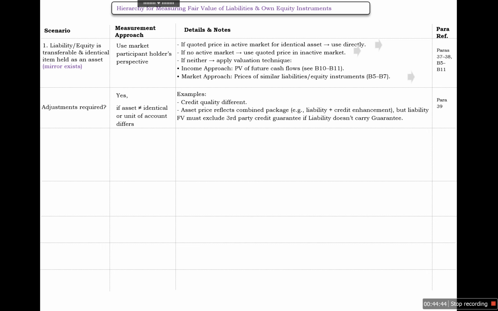But the liability fair value must exclude the third party credit guarantee if the liability does not carry the guarantee. So one instrument is there with the credit guarantee, and one instrument is there without it. We need to adjust to make them identical, because the instrument with the credit guarantee has more value. So we cannot compare it with the instrument that does not have the guarantee.